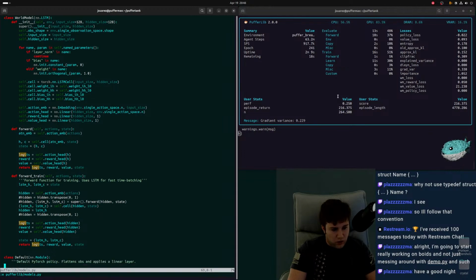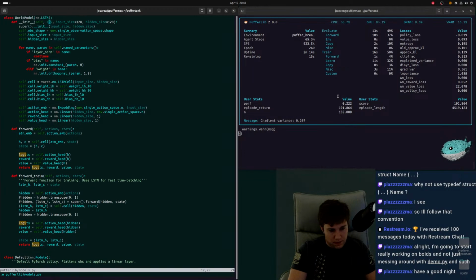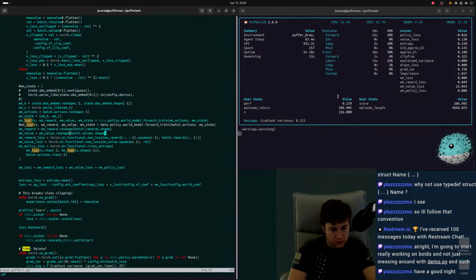I don't know why this would not work. It's very weird. Logits, reward, value, state, right? Logits, reward, value, state, yep.